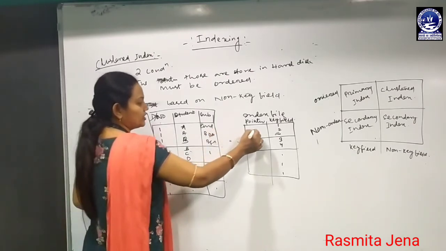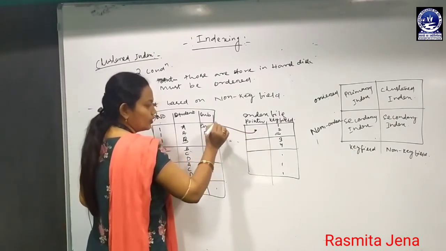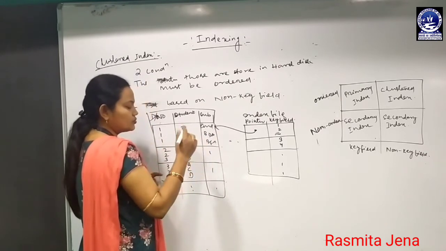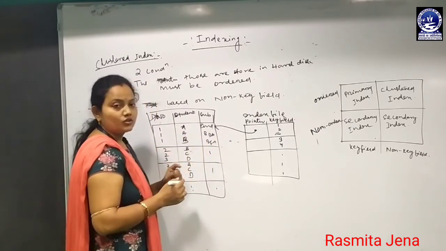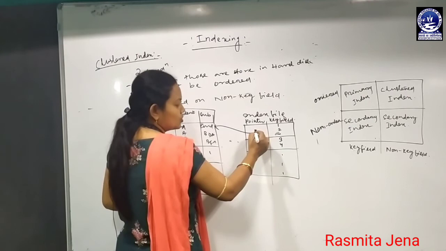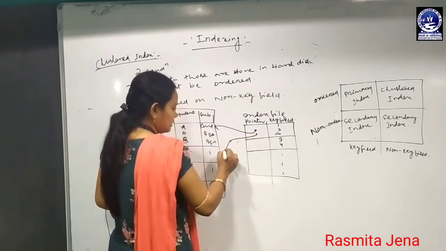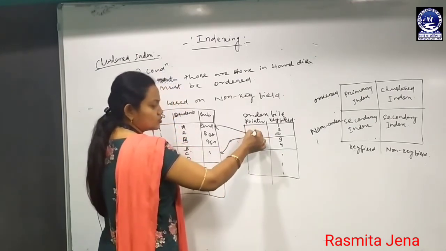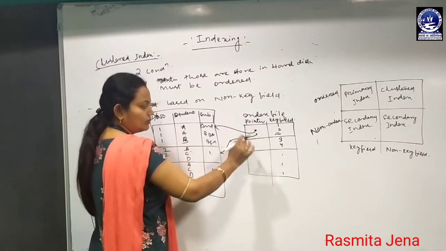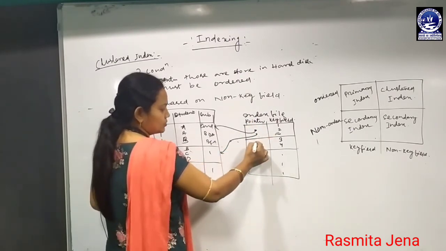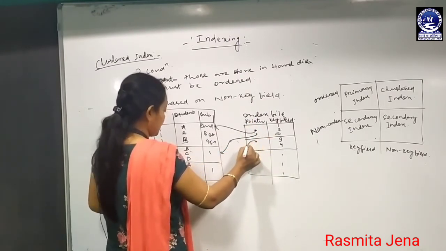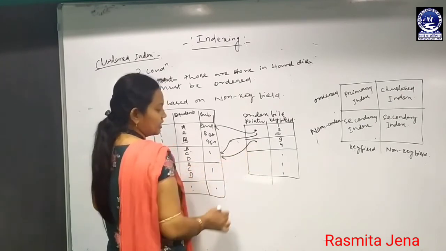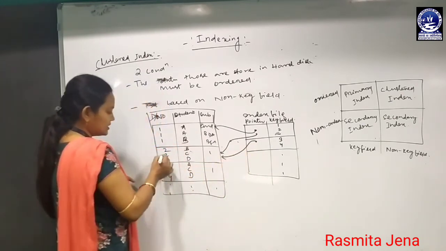So, this is pointed by this pointer. Okay. And suppose again we want to search the student information present in department 2. So, this will also be pointed by this pointer. Okay. That means these two pointers are present in one block. And suppose we want to search the student information of department number 3. So, this is pointed by this, and you can see there is a difference.